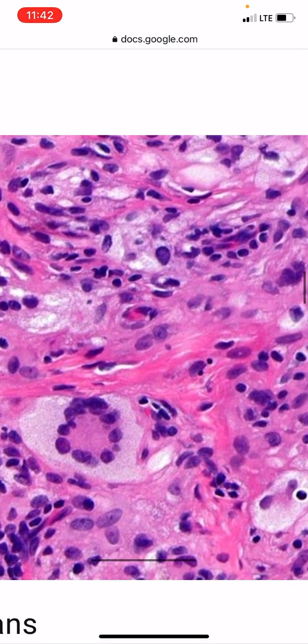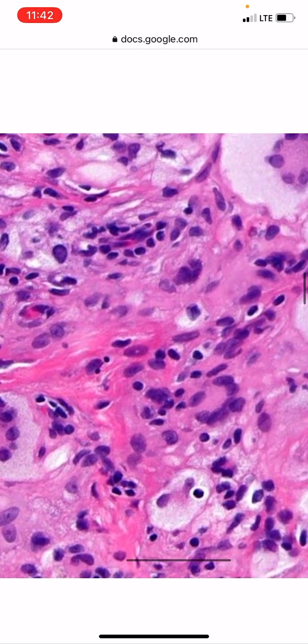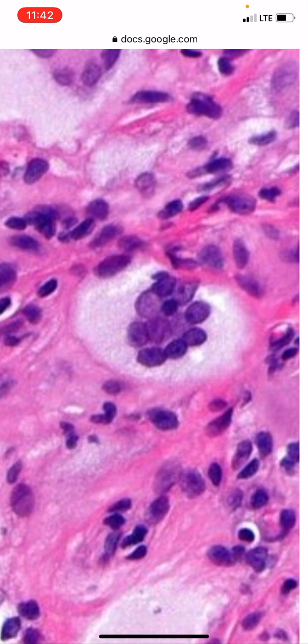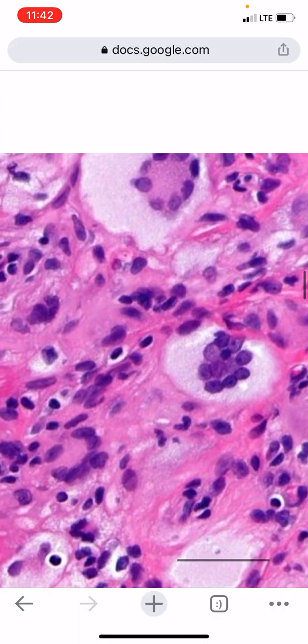Now the differential here is a foreign body giant cell. If you're seeing this type of giant cell with the nuclei all overlapping with each other, but the cytoplasm is clear, then you can think about a foreign body giant cell. This is not a foreign body giant cell because the cytoplasm is foamy.